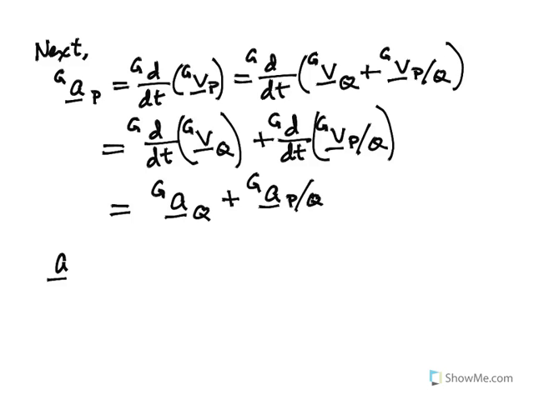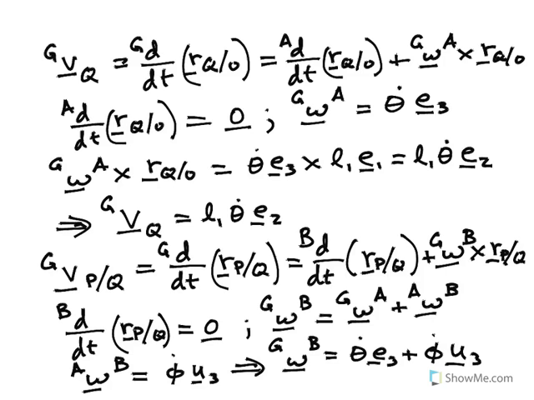So the acceleration of Q as viewed by an observer fixed to the ground is equal to the rate of change in the ground of the velocity of Q as viewed by an observer fixed to the ground. Now let's go back. Remember that the velocity of Q is equal to L1 theta dot E2.